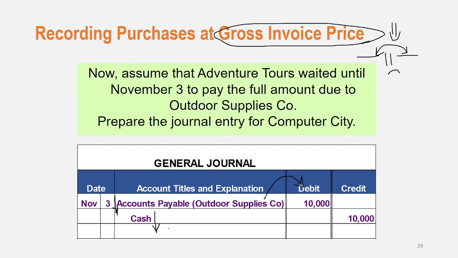So cash is decreased, and a decrease in assets or cash is considered a credit. How much? By the original amount, before any discounts, and in this case equal to $10,000. So accounts payable becomes a debit of $10,000 and cash becomes a credit of $10,000.